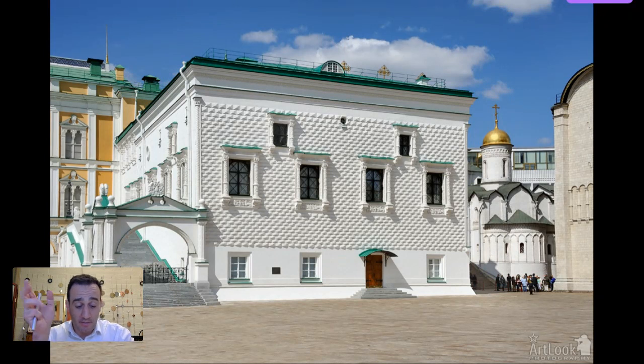The architects, by the way, were also imported from Italy to build this building. Marco Ruffo and Pietro Solari, two Italian architects, and use of the foliated columns, which you can see adorning the windows on either side, and the diamond-shaped revetments, which basically gives the look.